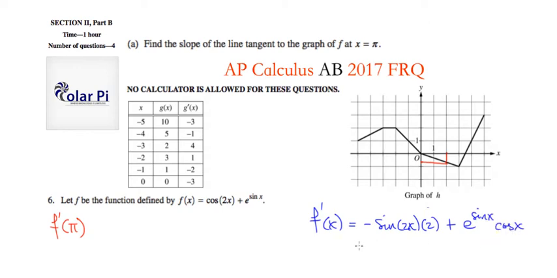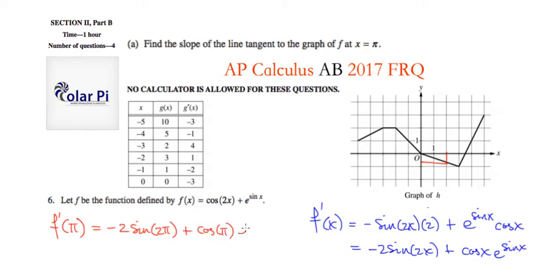Now we can clean this up a little bit: minus 2 sine 2x, plus cos x times e to the sine x. So f prime of pi is going to equal negative 2 times sine of 2 pi, plus cosine of pi times e to the sine of pi.